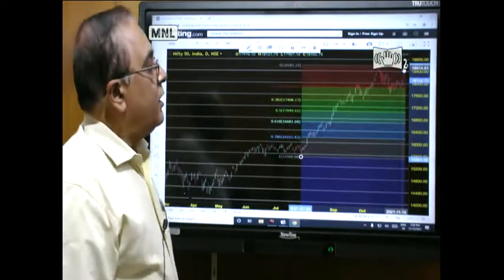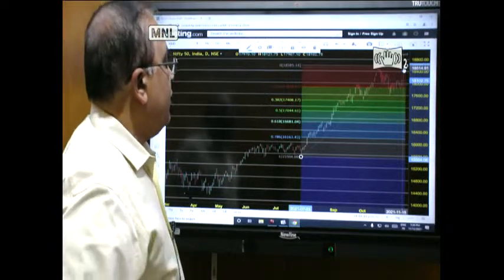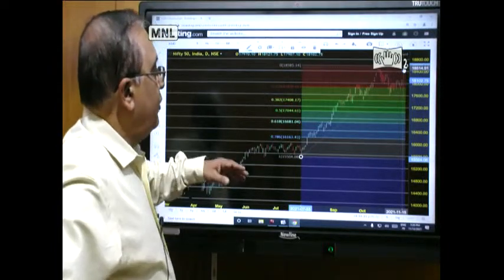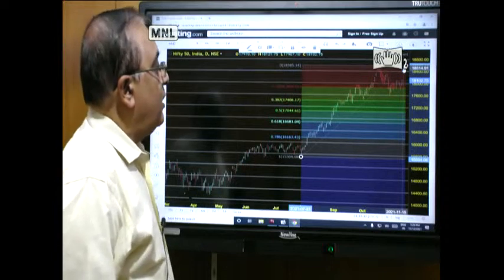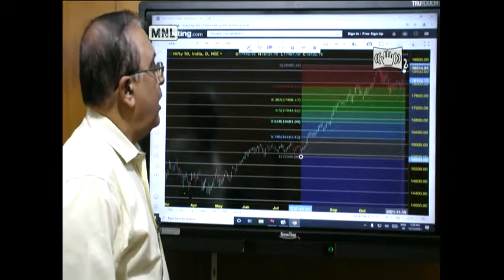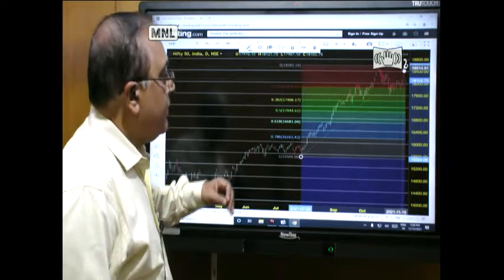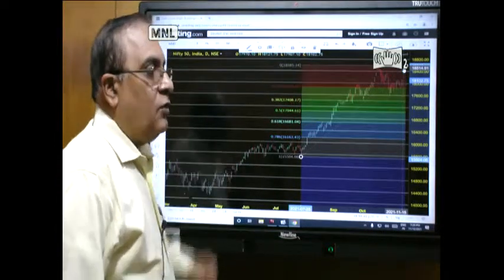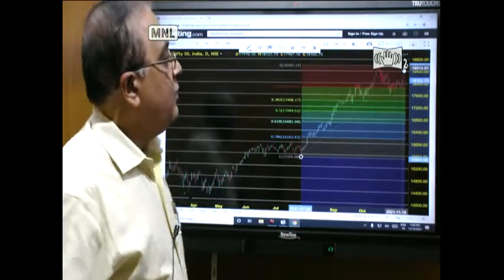So it has corrected a little more than 23.5%. From this particular low, 17,858 should have been the low. It went 200 points on the lower side. So that means this particular place.